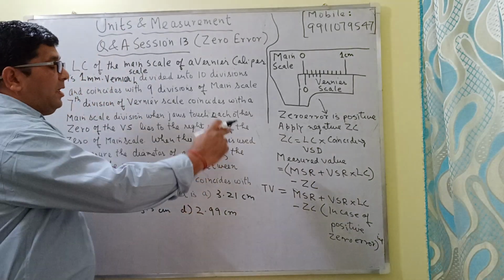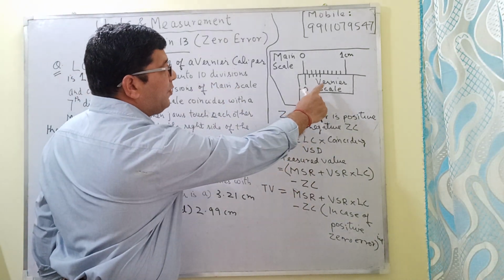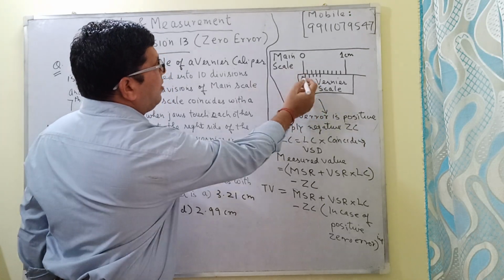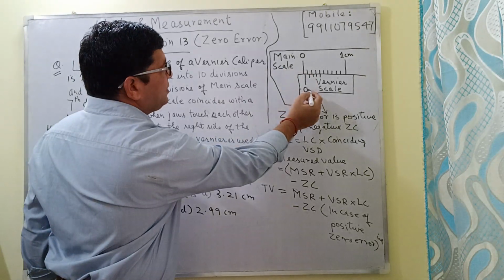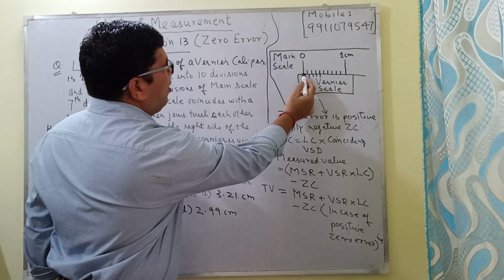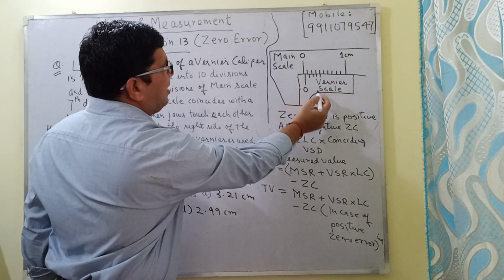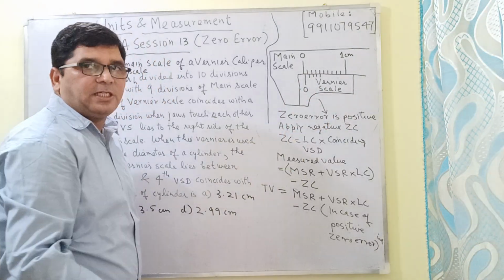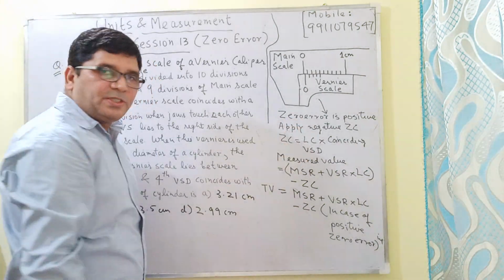And now there is one more case. If the zero of the vernier scale is on the left side of the zero of the main scale, in that case the zero error is negative, and we will apply the positive zero correction.